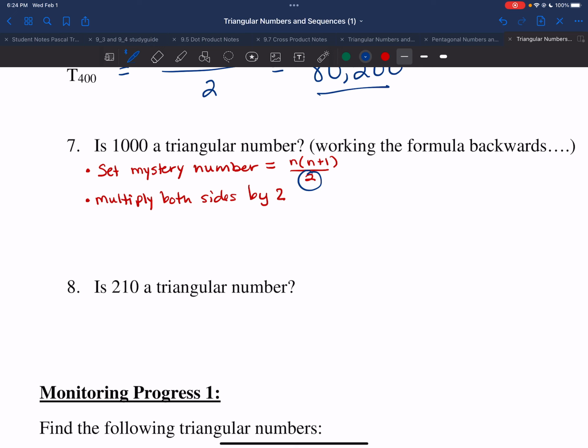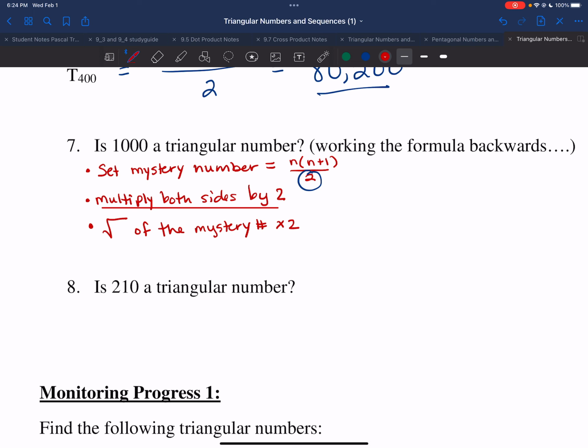Now, the next part is rough justice. So what I'm going to do is take the square root of the mystery number times 2. So remember how I said multiply both sides by 2?